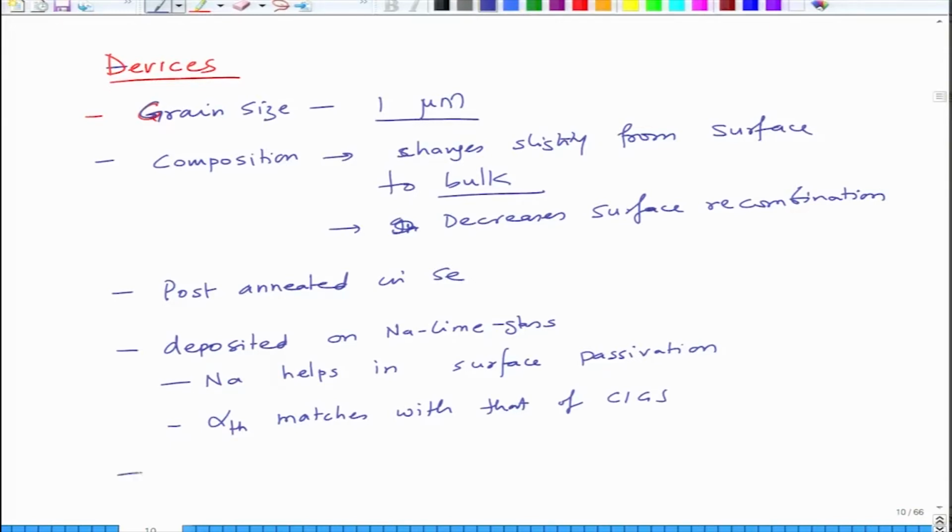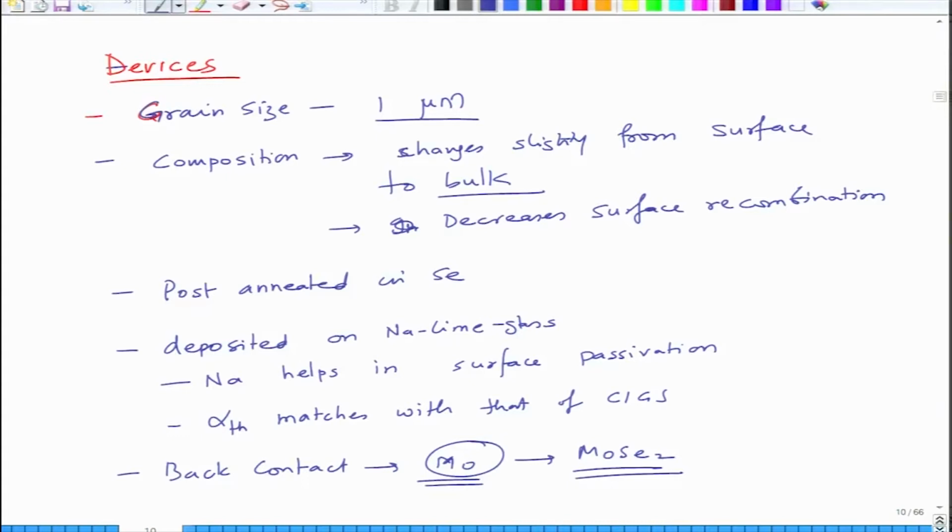And the back contact, as we said, is molybdenum, which is quite thick, and molybdenum is one of the most successful materials used with CIGS. And at the back there is a formation of MoSe2, which seems to improve the adhesion of these devices.